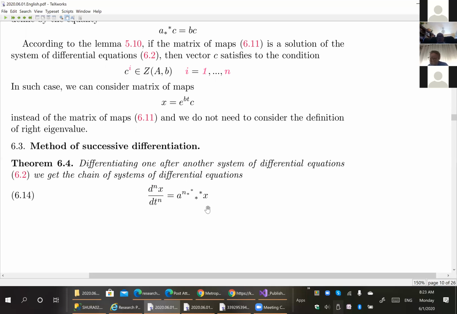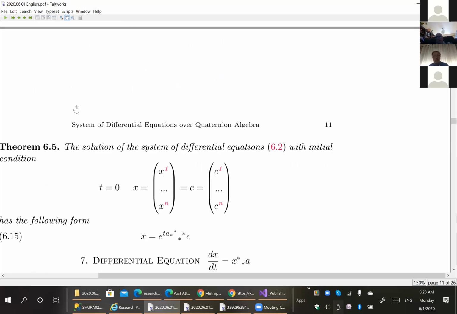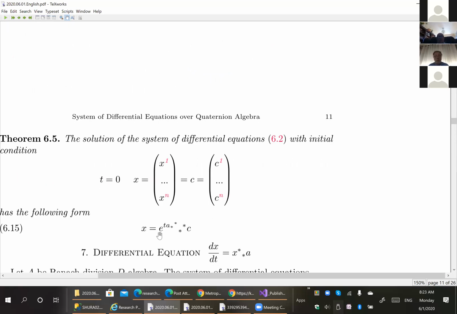And if we summarize all this together, you can get a solution of our equation in the form exponent of the matrix times vector C, the same as we have in commutative algebra. And this makes a good choice of a relation between Lie groups and Lie algebras.